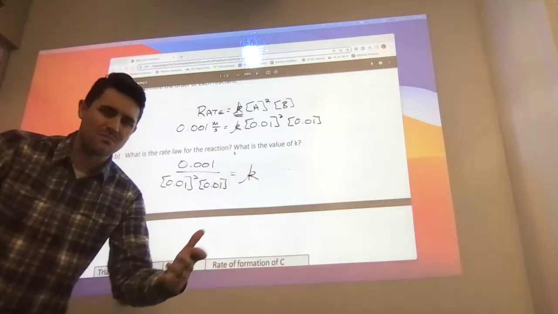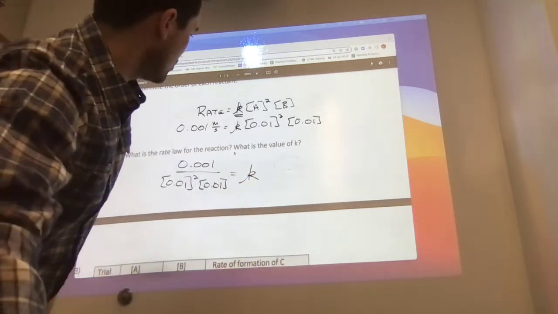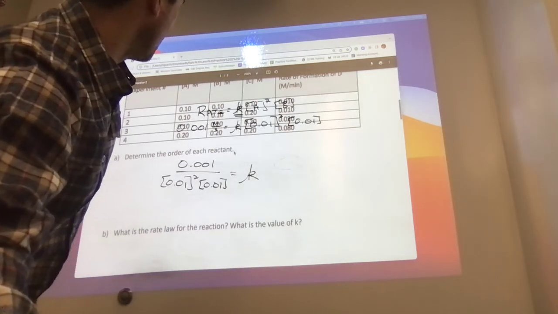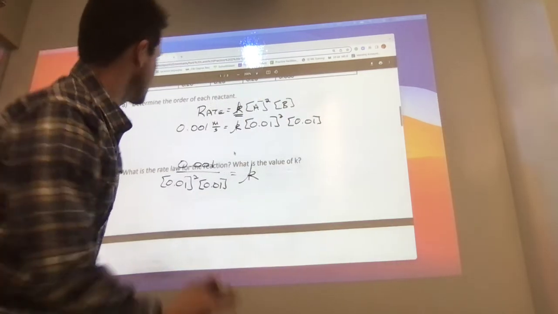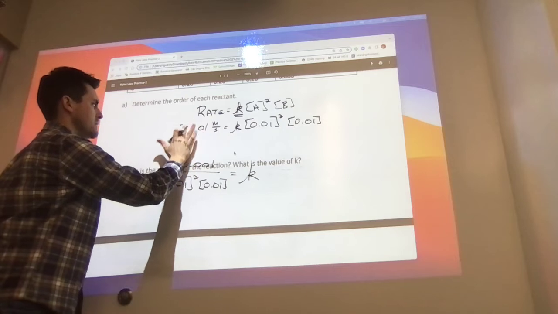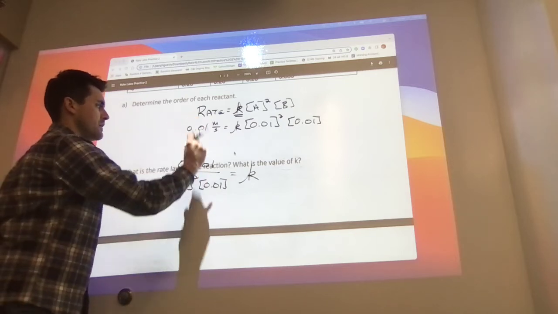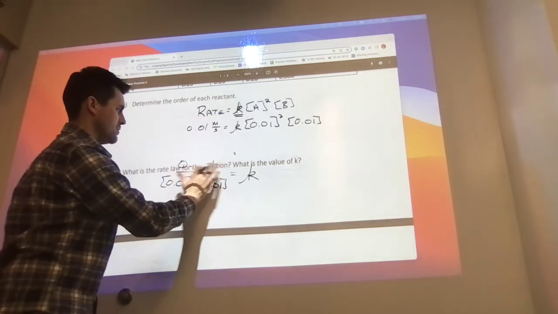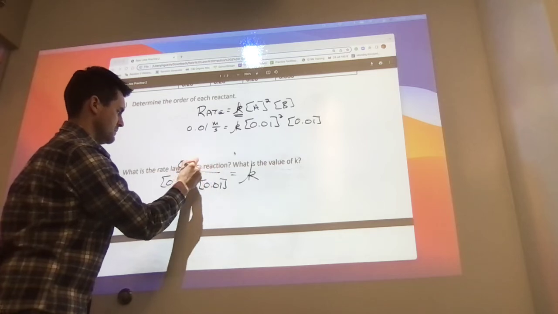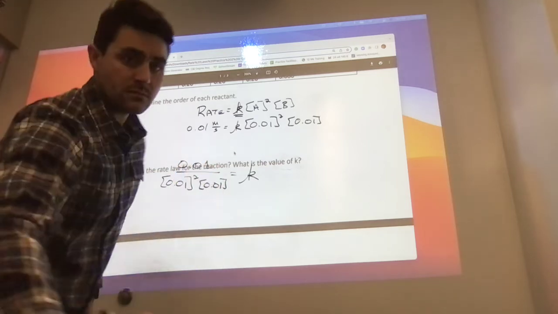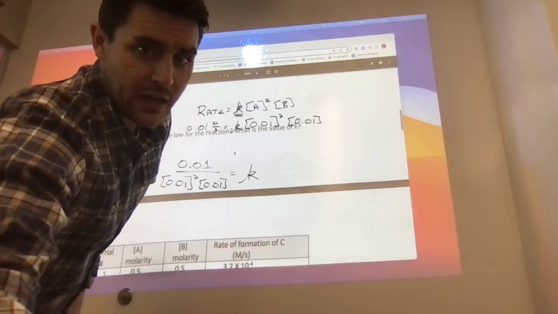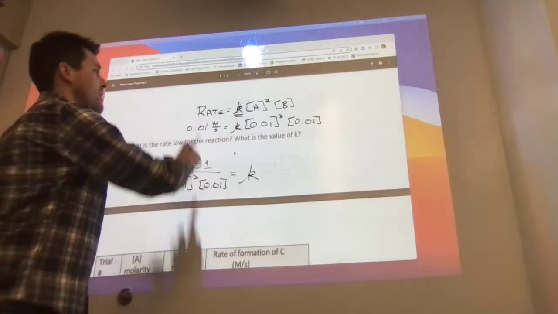And I'm not going to do the math for you. You do the math. You solve this problem. But what we're looking at here, and I'm sorry, I messed this up. This is actually 0.01, not 2 zeros. But I've gone ahead and I've used my rate law.